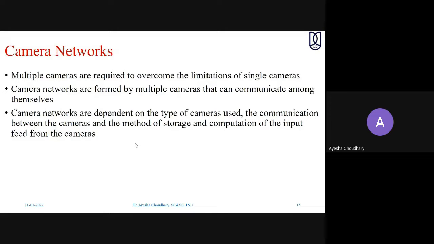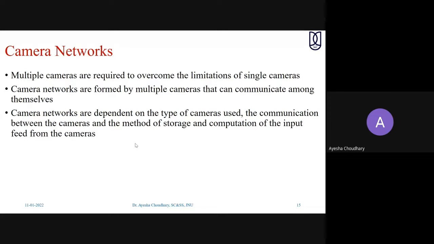We need multiple cameras so that we can continuously view. If the cameras are in the same room or the same area, then you can continuously view from multiple views. If it is in a building, then you need a camera network to be able to cover the complete building, keep everybody in view.